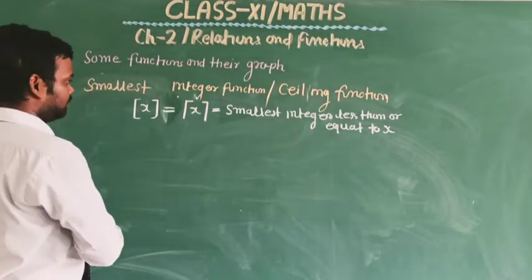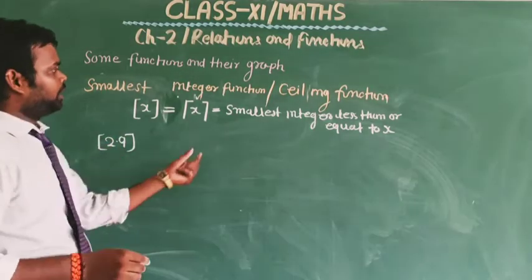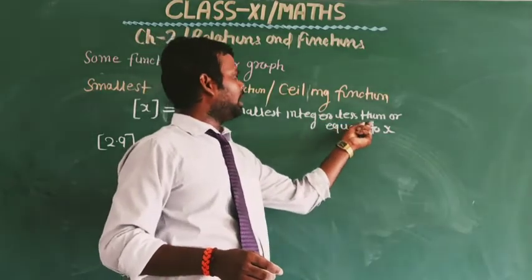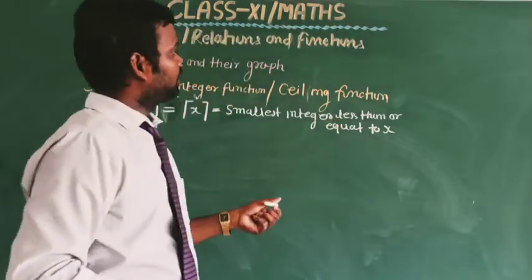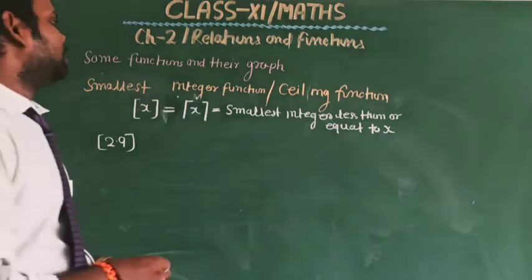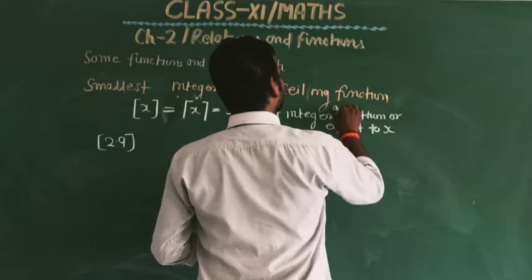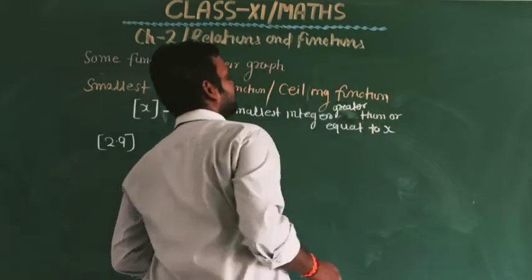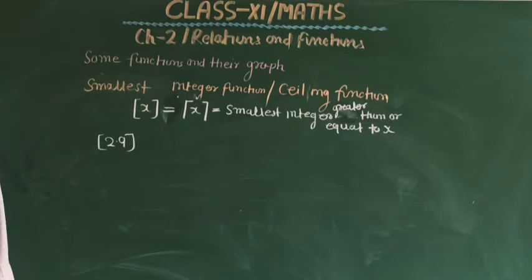Okay, for example, if we write 2.9, so here the smallest integer less than, okay, here I made a mistake, the smallest integer greater than or equal to x. So for 2.9, the value is the smallest integer greater than or equal to 2.9.